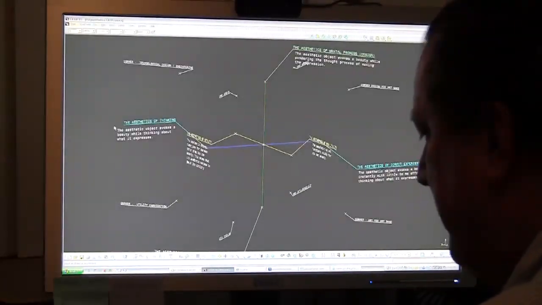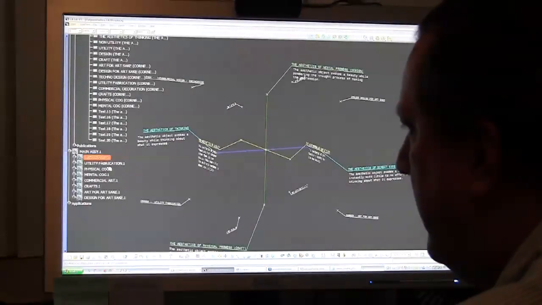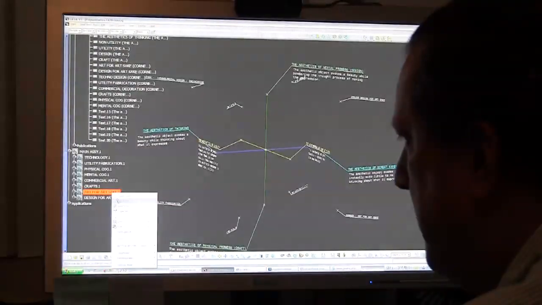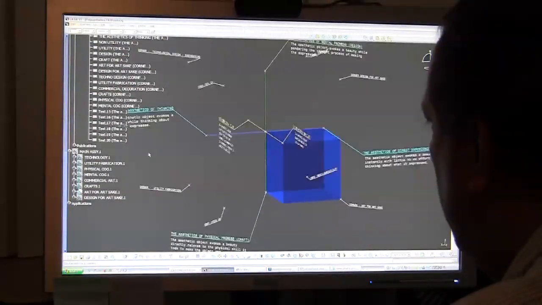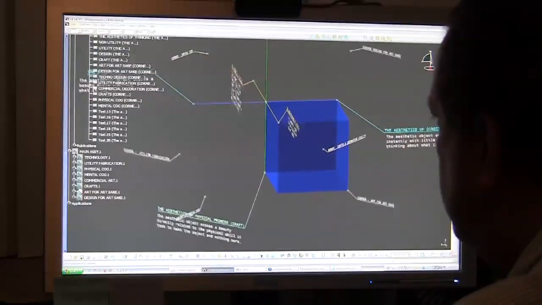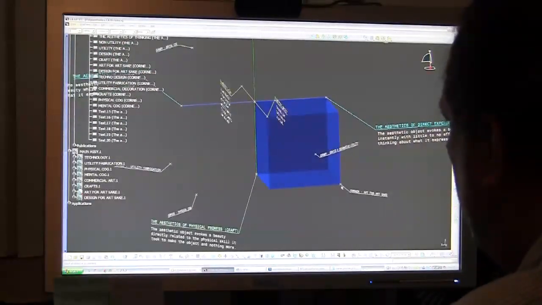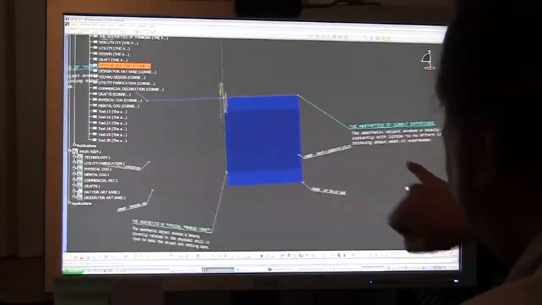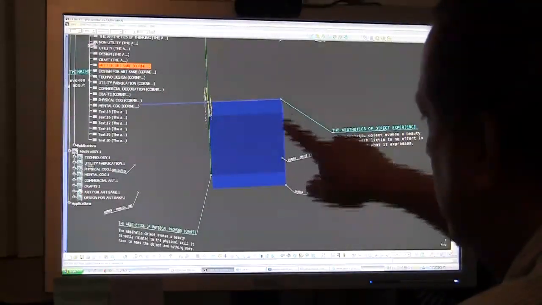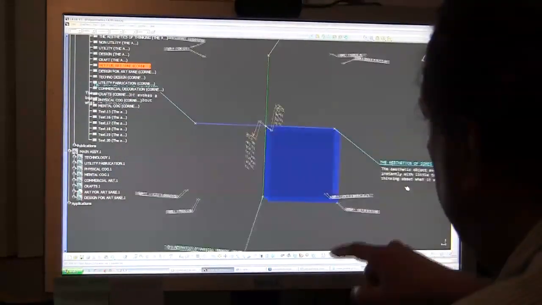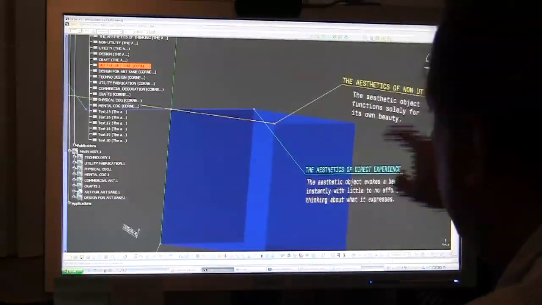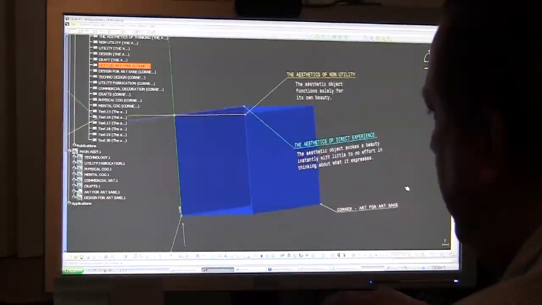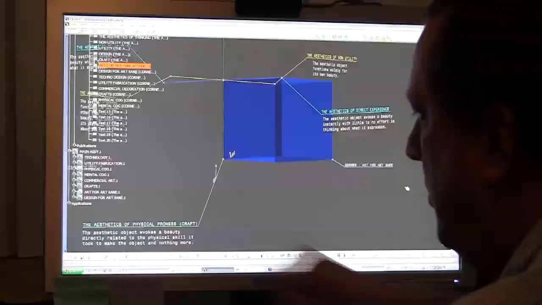So let's look at some of these octants. Since we've been talking about John Cage, let's go to art for art's sake. This corner we call art for art's sake, and that's because it has the aesthetics of direct experience, the aesthetics of non-utility, and the aesthetics of physical prowess, craft.